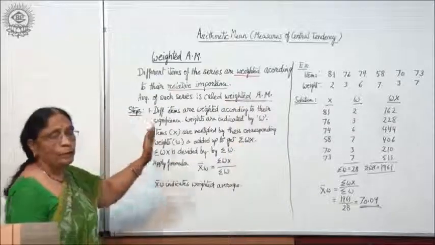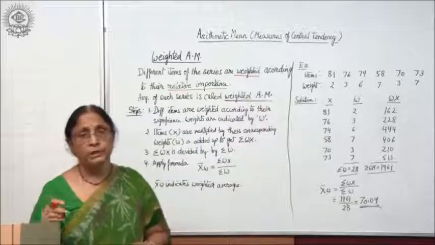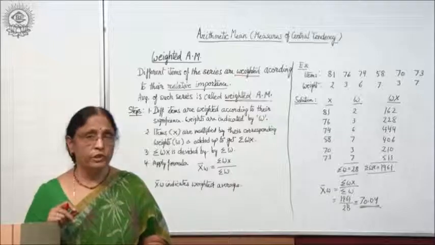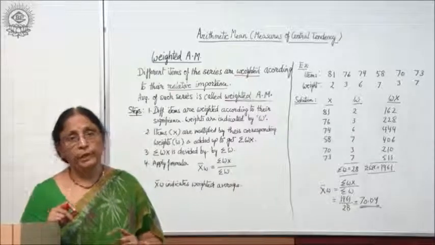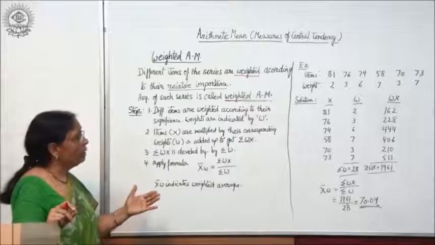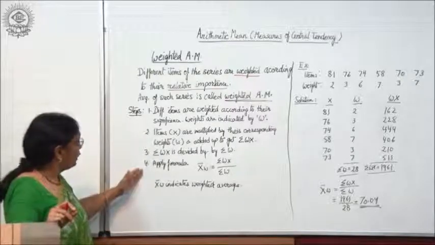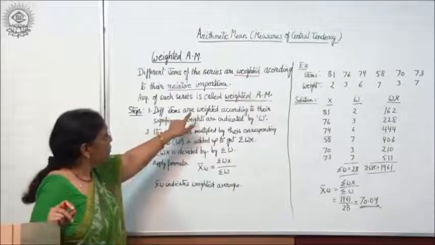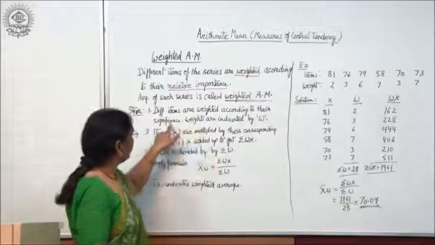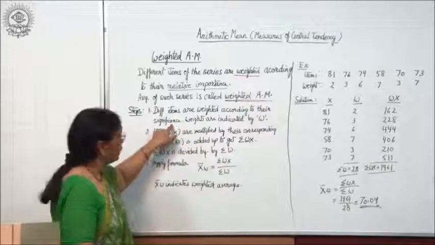Now I will give you one simple example, because I told you that you don't have to go into much detail, but just to know what weighted arithmetic mean is, we will take a very simple example and I will tell you the steps. First, different items are weighted according to their significance. Significance means importance.